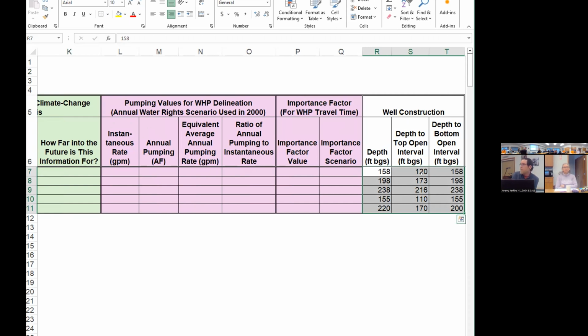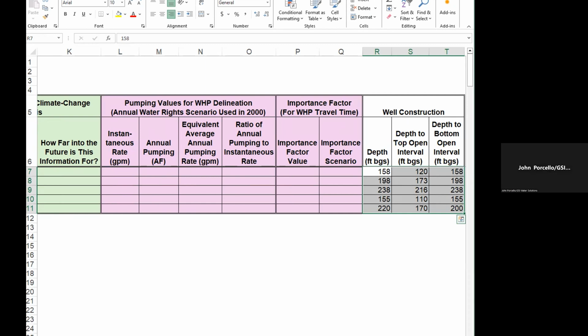That's an important number for when we're looking at climate change, and if we're talking about single-digit feet or dozens of feet of aquifer change, having that where your pump openings are is important.